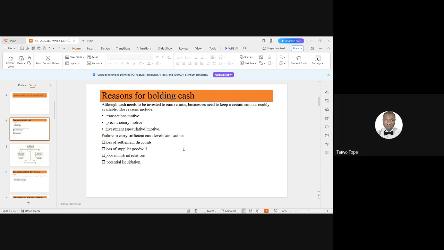But when you keep the cash idle, there is loss of profits. But when you put the cash into use, there will be an inflow in the long run, which will aid business growth. So these cash management models can help an organization to decide when to convert marketable securities into cash.